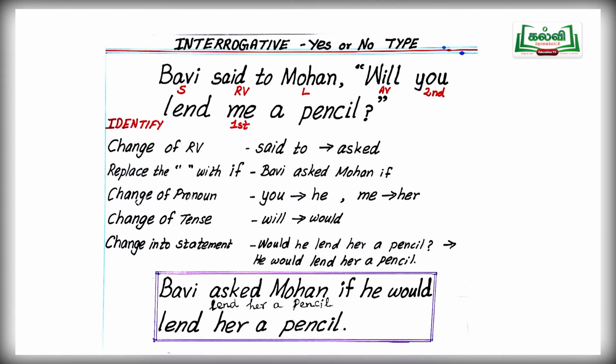Then the sentence is Bhavi asked Mohan if. Change of tense: will becomes would. Change of pronoun: you becomes he, me becomes her. Change into statement: he would lend her a pencil. Then the answer is Bhavi asked Mohan if he would lend her a pencil.